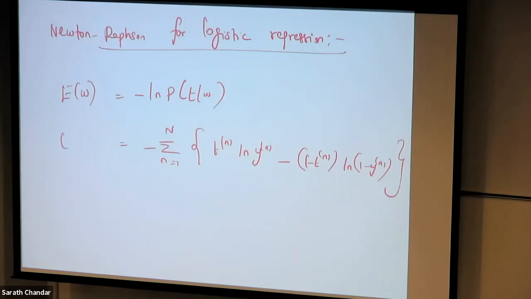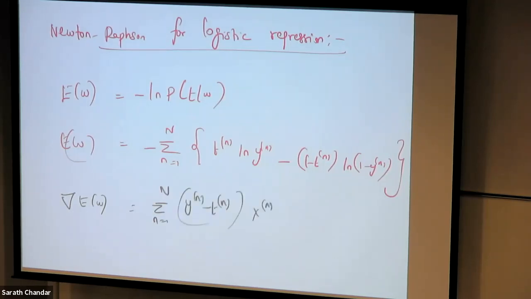We know this is E of W, and we have also computed the gradient. So del E of W is given by the summation over n equal to 1 to capital N of y of n minus t of n, multiplied by x of n. Now I want to differentiate this again, so I'm going to make it a vector notation first. This is nothing but x transpose times y minus t.